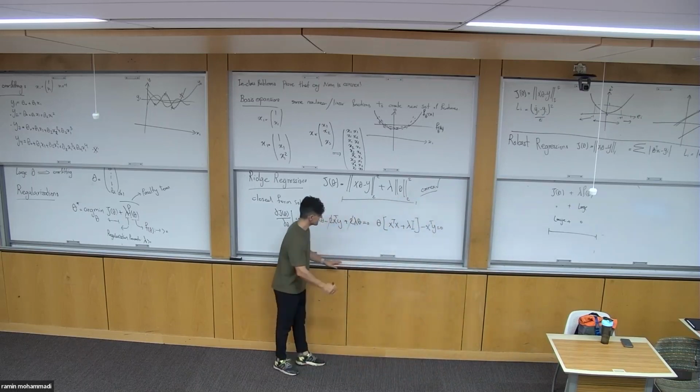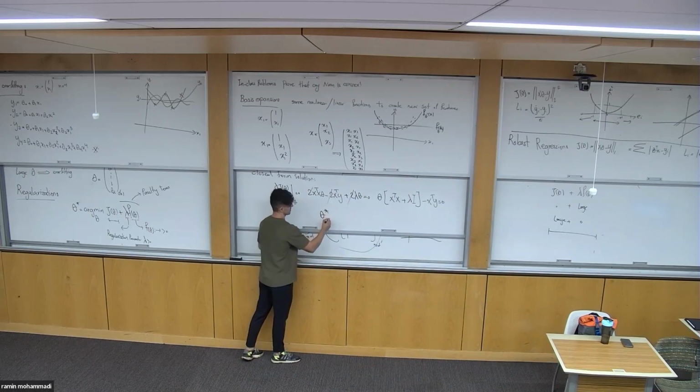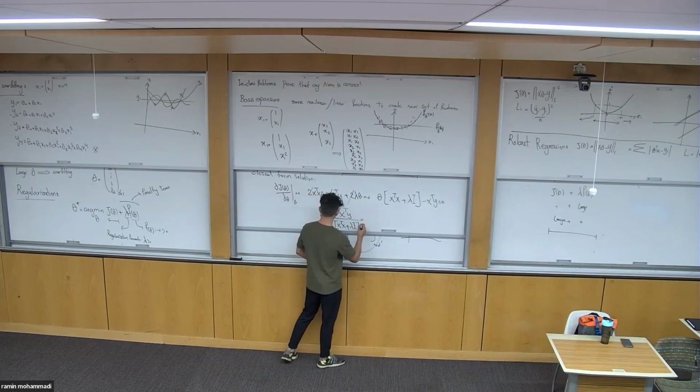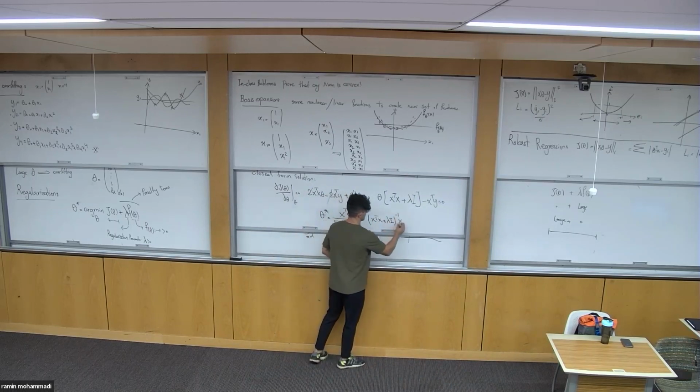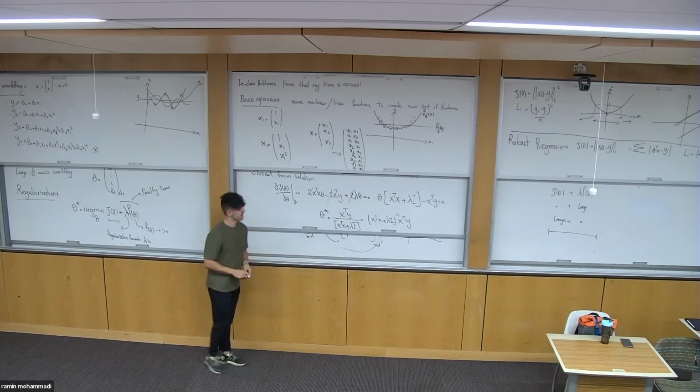So now theta star becomes x transpose y over x transpose x plus lambda I. That means x transpose x plus lambda I inverse times x transpose y, right?